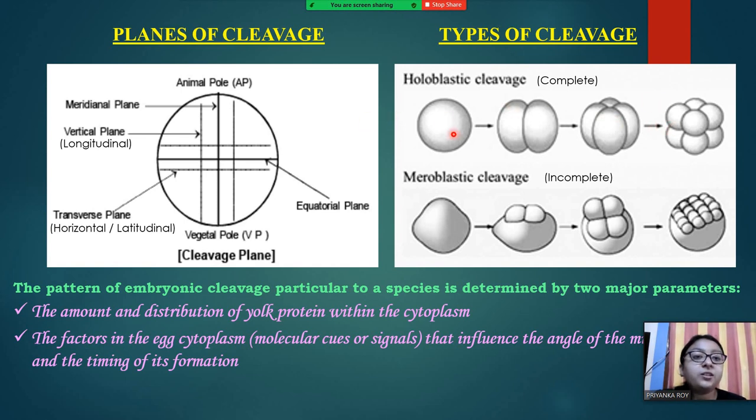This kind of cleavage is known as holoblastic cleavage, and the entire egg or embryo is divided. So the division is complete here, and it can only happen when the egg contains very little yolk or no yolk at all.